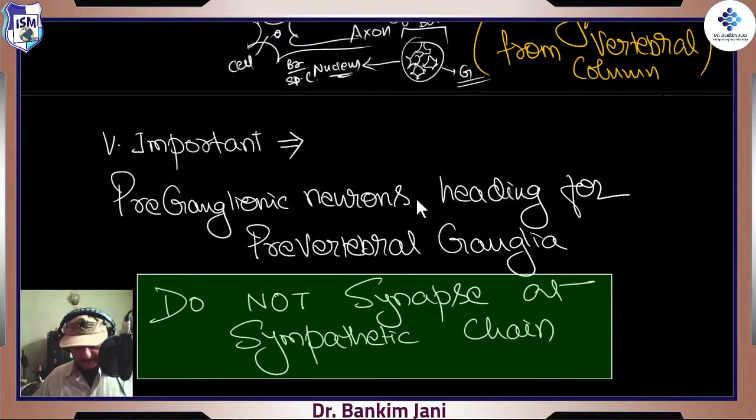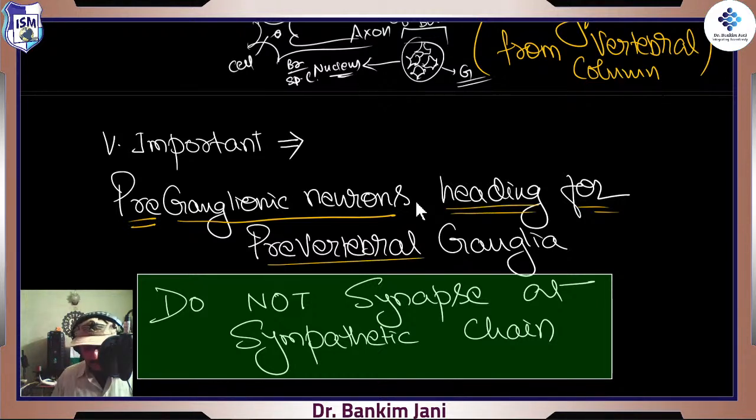It happens like this, that the preganglionic neurons, when they come out, are heading for the prevertebral ganglia. What's that?